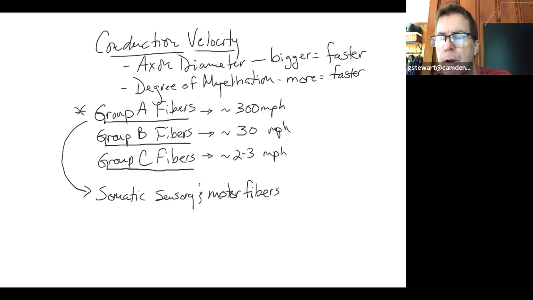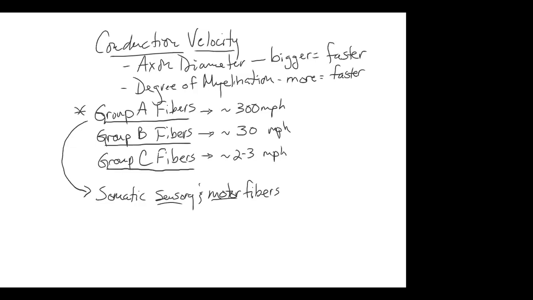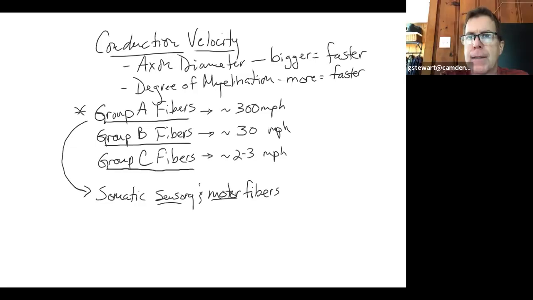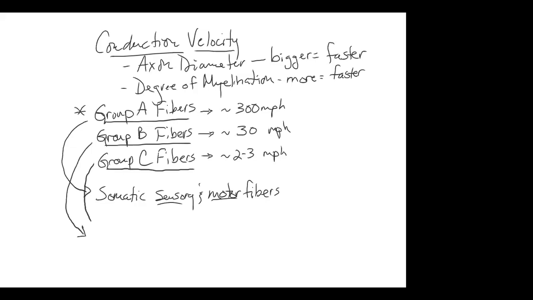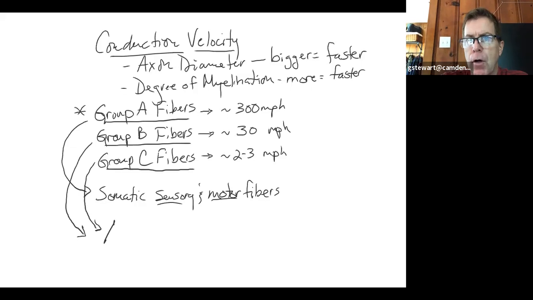So you stick your finger on a hot stove, you jerk it back in a millisecond. Those are somatic sensory and motor fibers. The sensory are taking the impulse towards your CNS, the motor fibers away. Group B and C fibers tend to be, first, autonomic fibers.